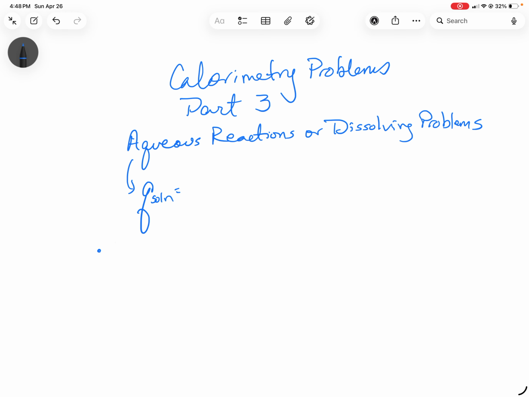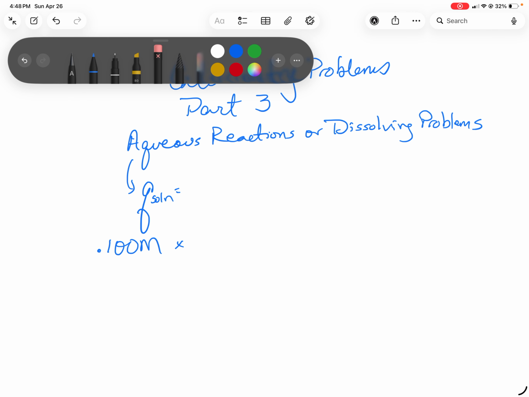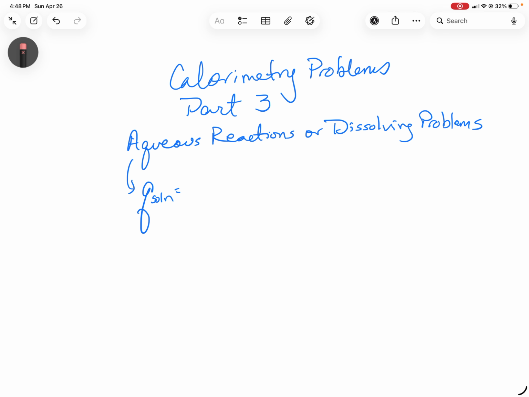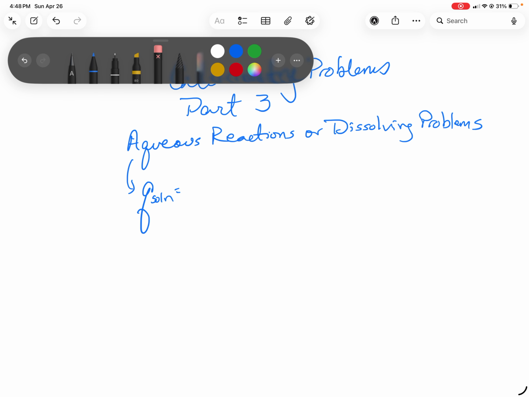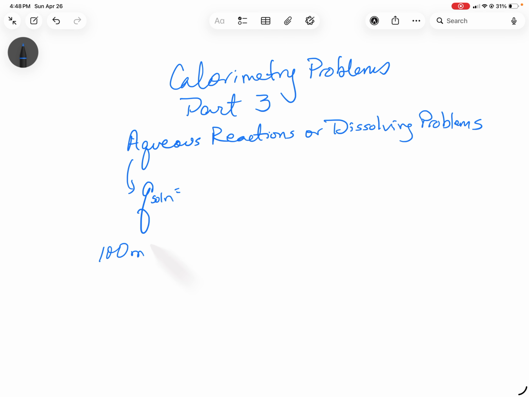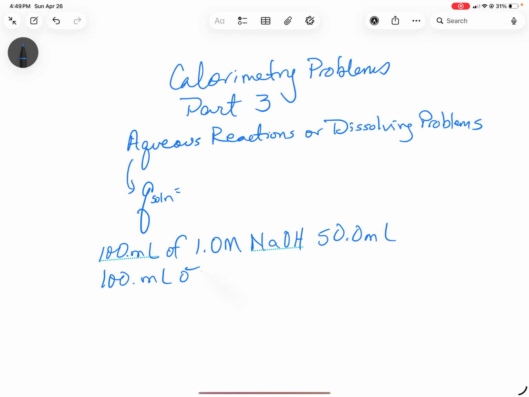The problem that we did, I think, had 0.1 molar. It was 100 milliliters. I had 100 milliliters of 1 molar sodium hydroxide, and I had 100 milliliters of 1 molar HCl.